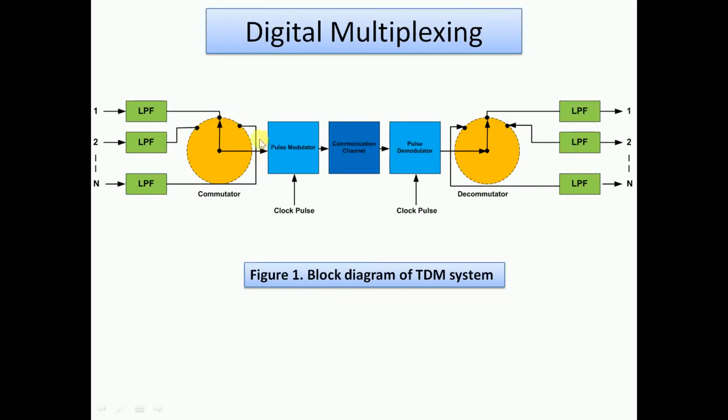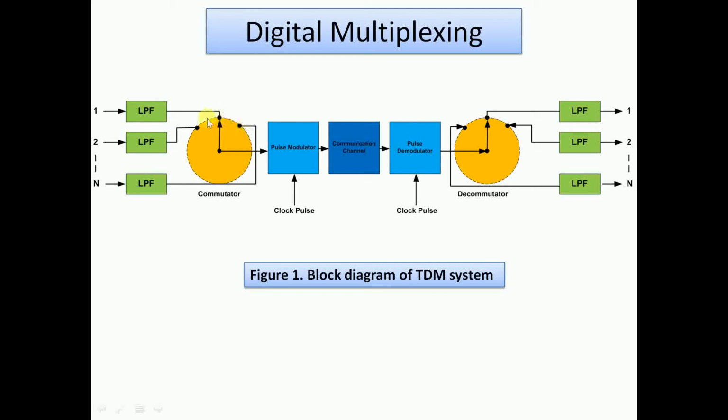This commutator switch revolves at a rate of 8,000 revolutions per second, thereby maintaining the Nyquist criteria, because we know that sampling is being done at a standard sampling rate of 8,000 samples per second. So this commutator, which is taking out the samples of each user, revolves at a rate of 8,000 revolutions per second.